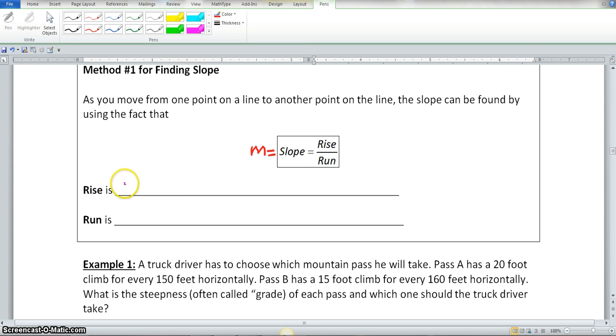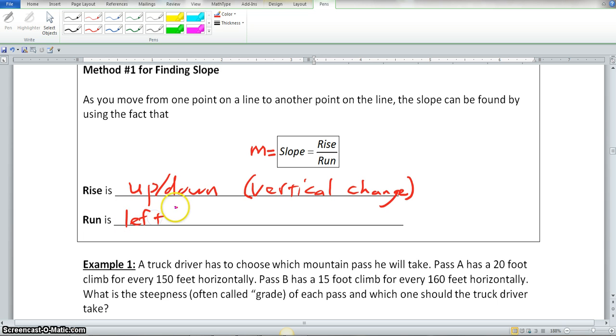Now the rise goes up and also down, which is your vertical change. Now your run goes from left to right, well, it actually goes left or right.